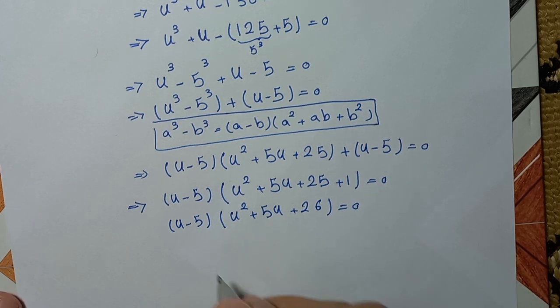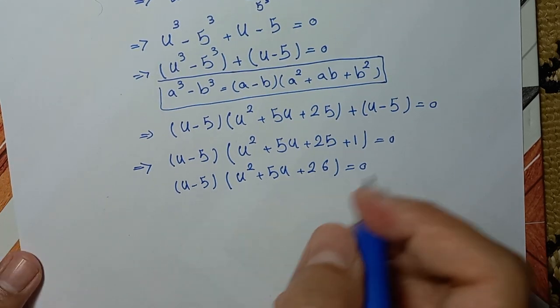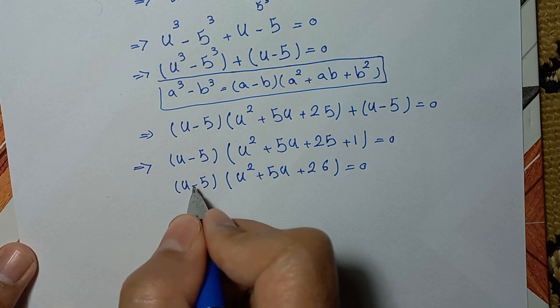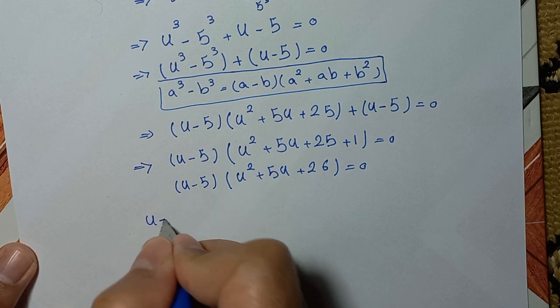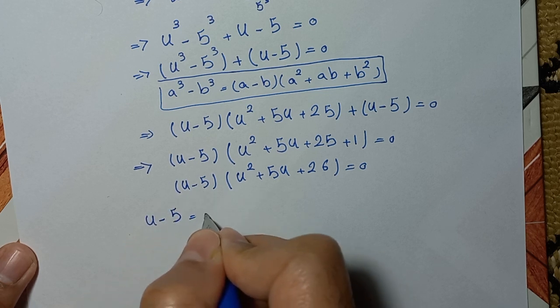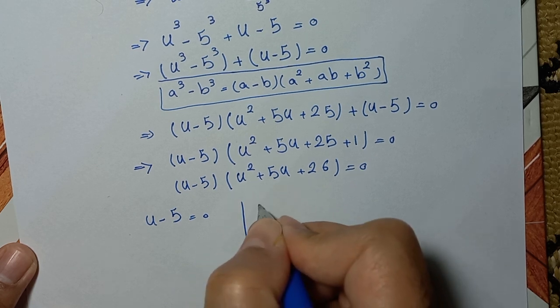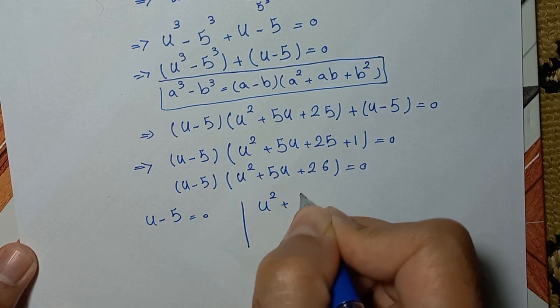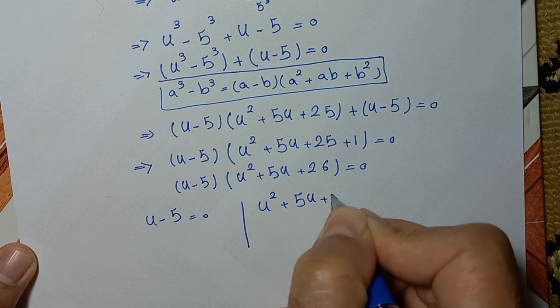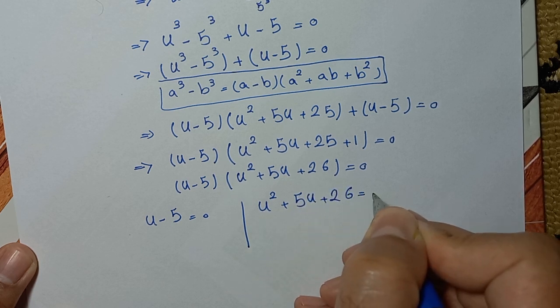So in here we have two interesting cases. In the first case we have u minus 5 is equals to 0, and second case is u square plus 5u plus 26 is equals to 0.